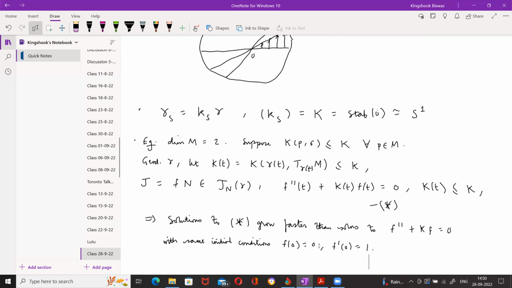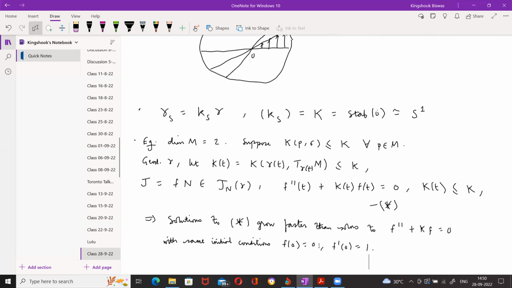Because comparison results will give us, for example, comparison results for the volumes of balls, geodesic balls, in spaces of curvature bounded above and below. What we'll find is that the volume of geodesic balls will grow at most as fast as volumes of balls in constant curvature spaces, or at least as fast, and so on, depending on upper and lower curvature bounds.